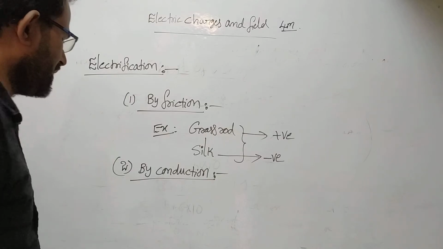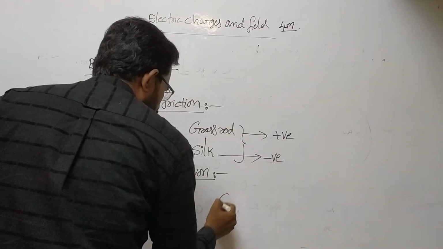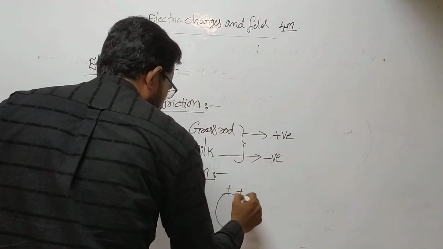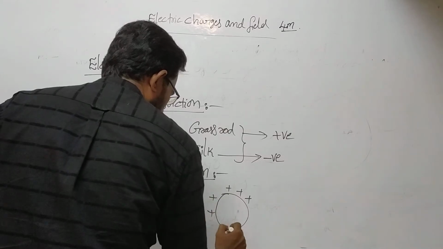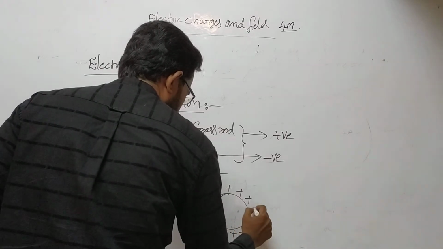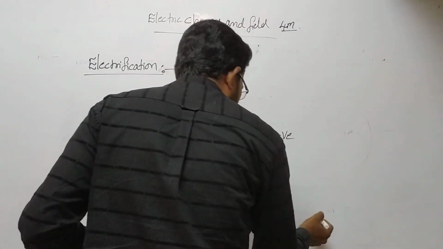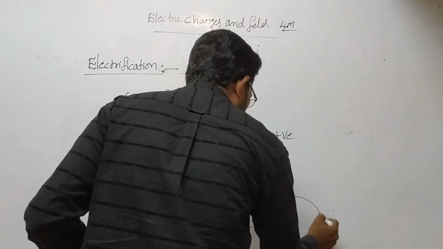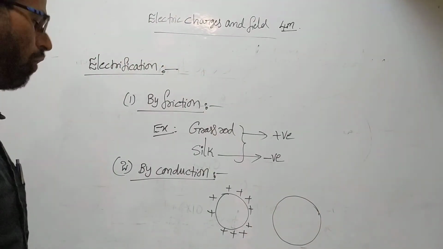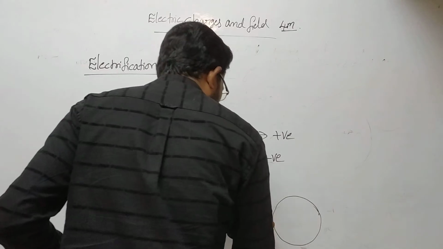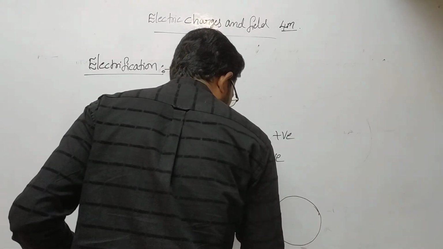Electrification by conduction. Suppose you take one charged body, positive or negative charged, and take another uncharged or neutral body. You connect them by a conductor.